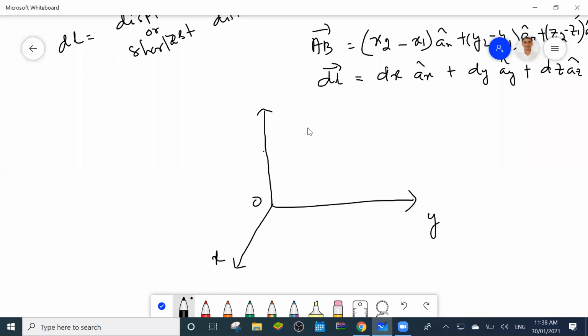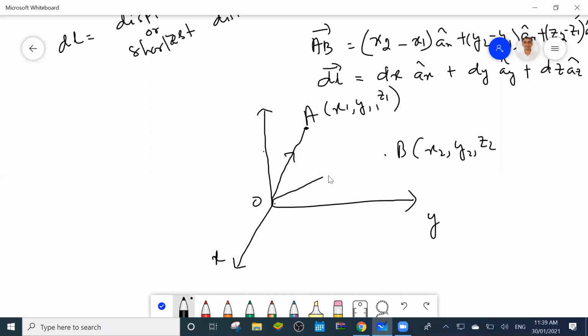Now suppose this is point A, with coordinates x1, y1, z1, and this point is B, x2, y2, z2. Suppose the position vector from the origin to A is OA, in this direction, and the position vector of B is in this direction.